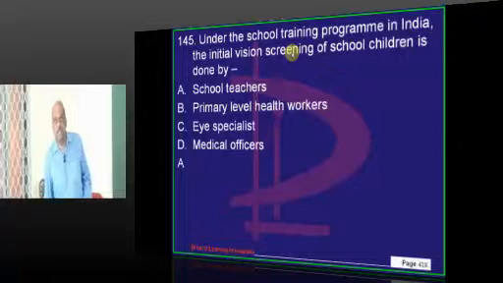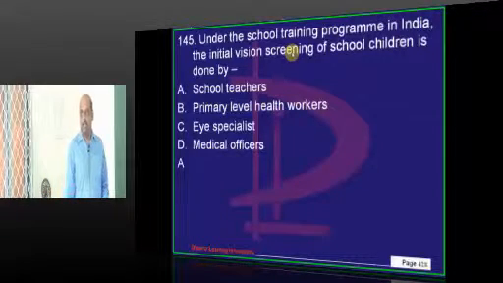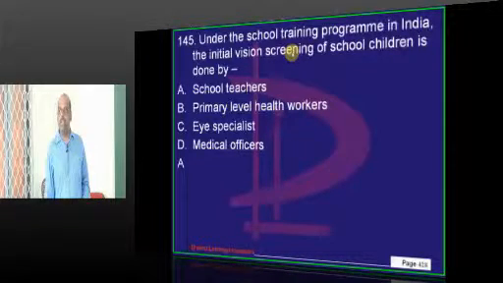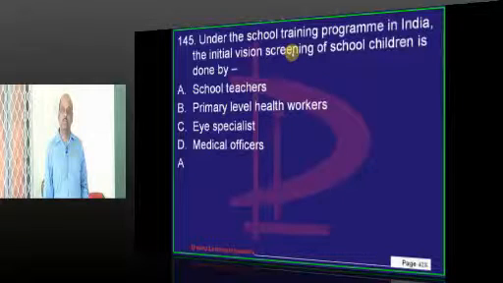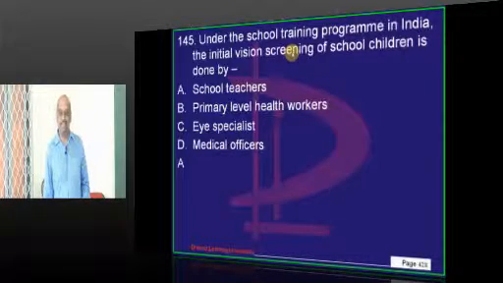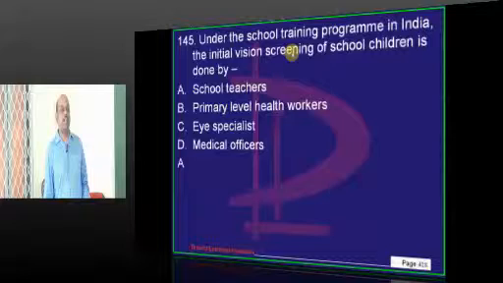It is the school teacher who is the responsible person, who needs to identify that Ramu is not attentive in class, not because of poor attention, but because of poor vision. More than poor vision, what is responsible for Ramu's inattention? Poor teacher is responsible for Ramu's inattention.